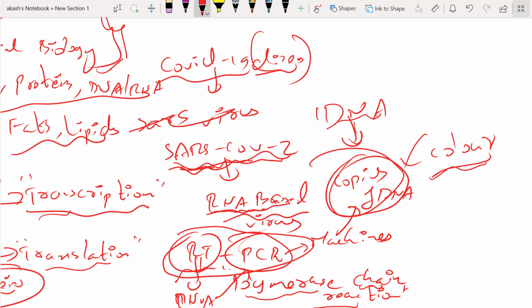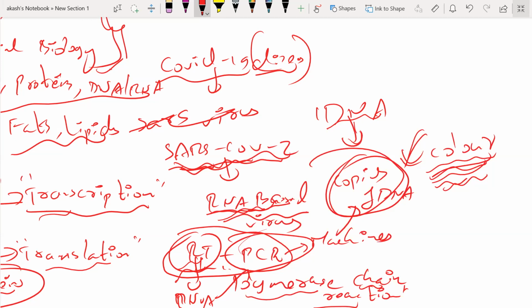All you have to understand is that RT is reverse transcription, conversion of the RNA of the virus to its DNA, and making multiple copies of this. Only the copies of DNA which come from the virus will have the color. Other DNAs will not have any color. So if you find that particular color, that means that person is COVID positive.